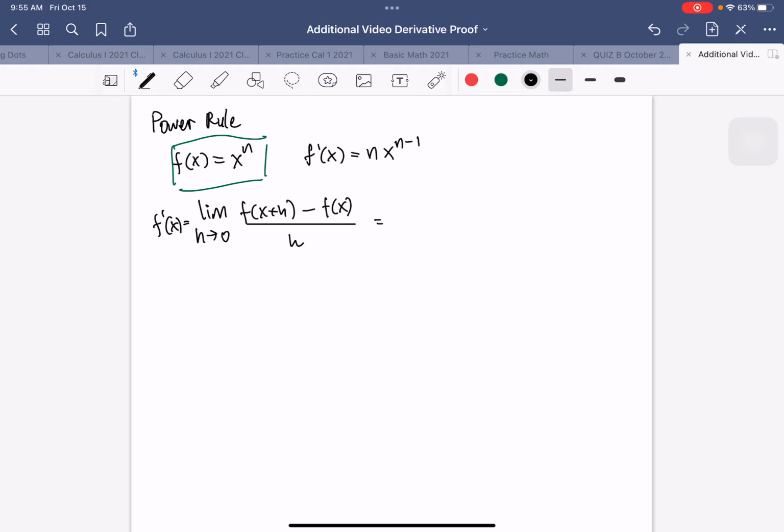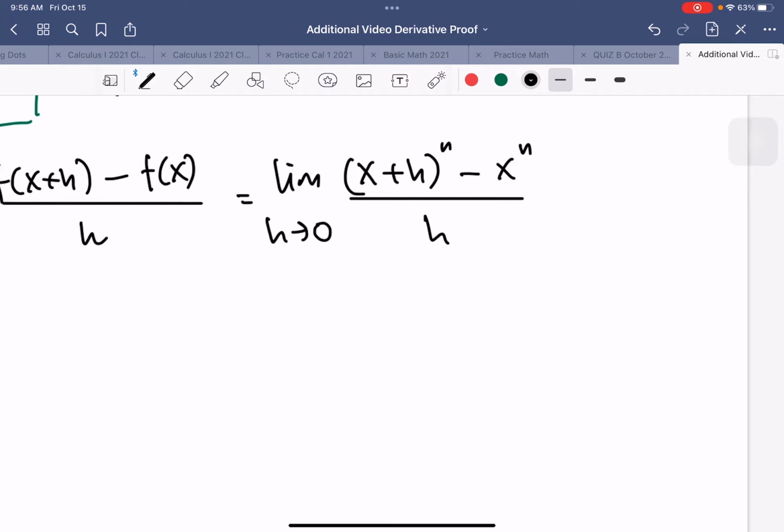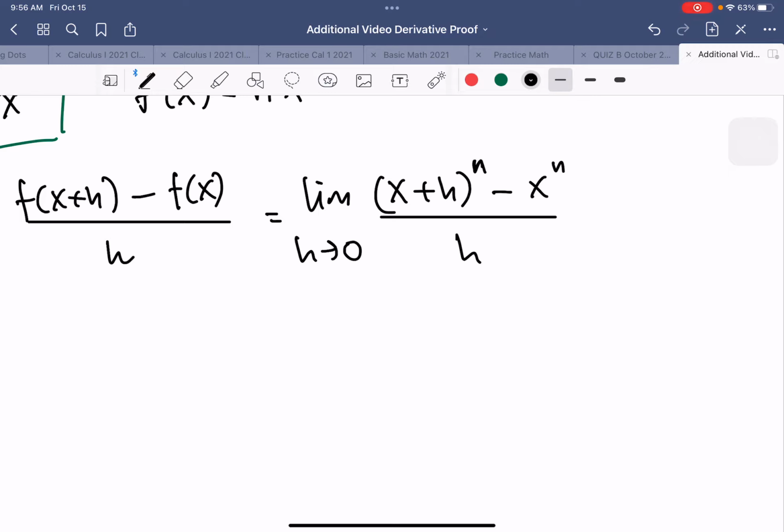Now we can write the limit, and then we plug in our function. So this will be x plus h to the power of n, minus x to the power of n. Now how do we solve this?